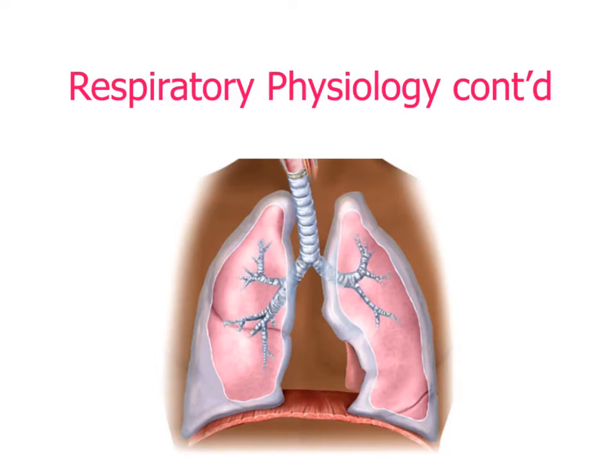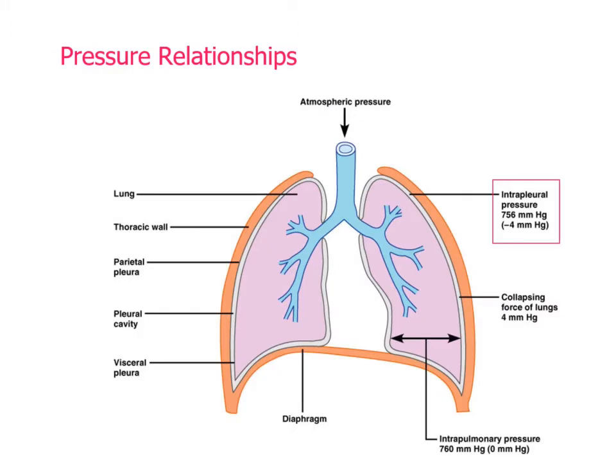This is the continuation of Respiratory Physiology. It's Unit 6B. An important aspect of being able to understand what's happening when a person breathes in is that a negative pressure is generated. The atmospheric pressure of 760, I would remind you, is ignored.